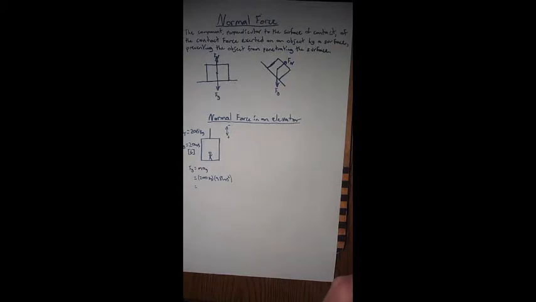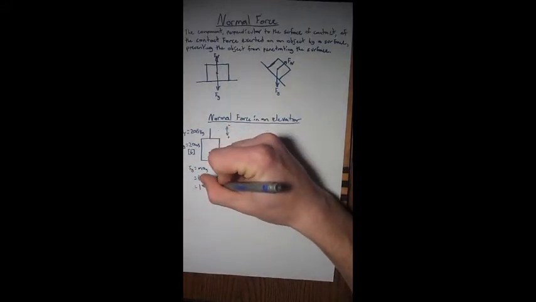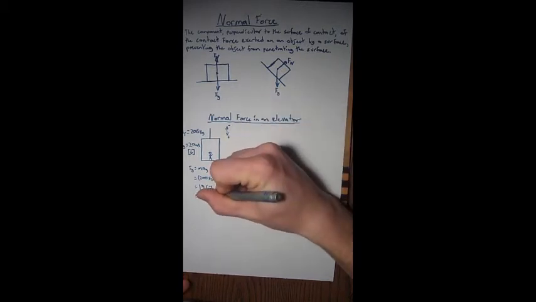The force due to gravity then ends up being 1,962 newtons, which is approximately 2.0 times 10 to the power of 3 newtons.